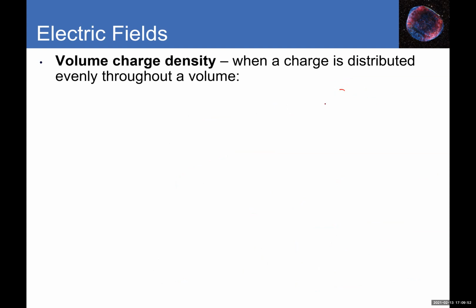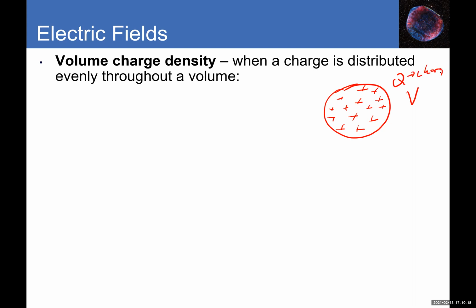So let's say maybe I have a sphere. A sphere is a three-dimensional object, and all the charges that I have, those delta Qs, are distributed throughout the volume of the sphere. Where the Q here is the charge of the sphere, and V here is the volume.